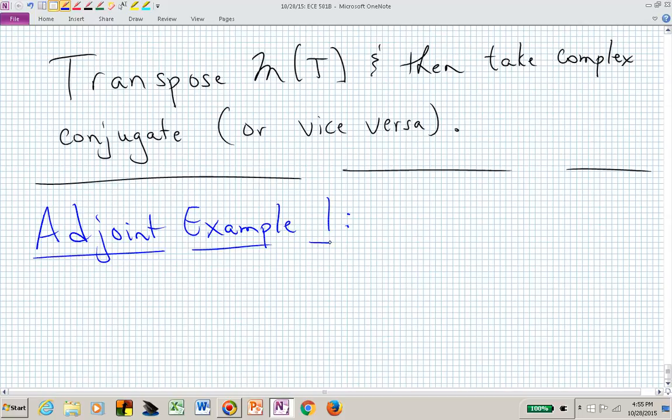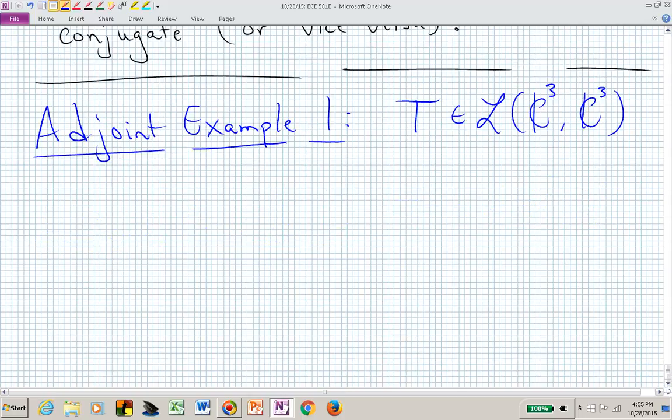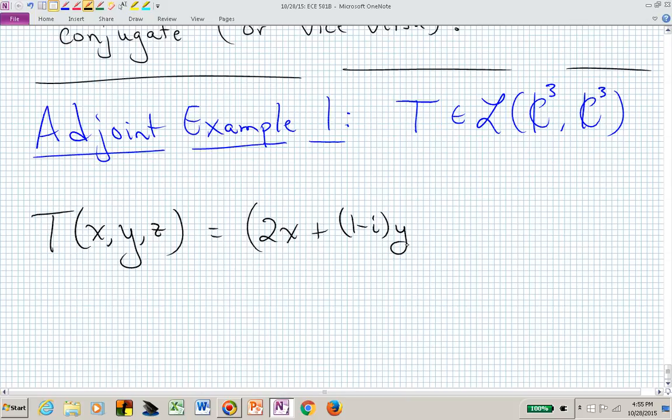Since I'm labeling it 1, you know I have more than that. Here's the first one. Suppose that I'm taking a linear map T between C3 and C3, in such a way that the linear map operating on this 3-vector x, y, z produces, in the first coordinate, 2x plus (1 minus i)y.